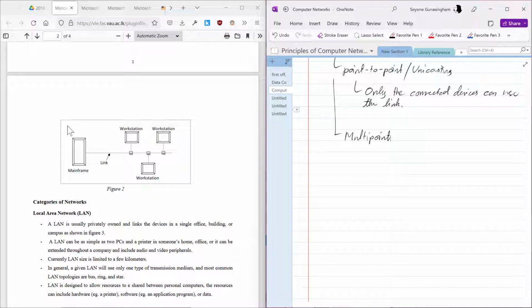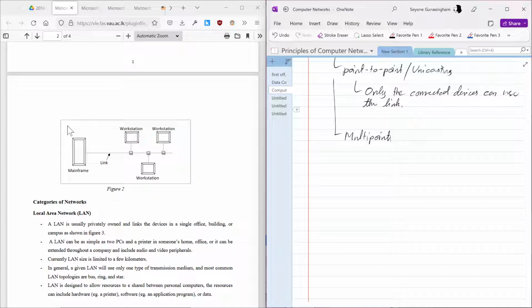Or imagine you have a Bluetooth hub or something. Actually, you can get those 2.4 gigahertz receiver dongles, and then you can connect multiple keyboards and mice and all that to it. So it's like a multi-point network, I guess.